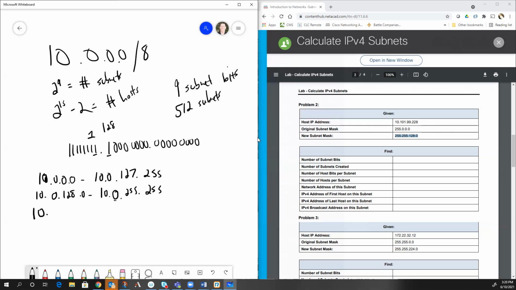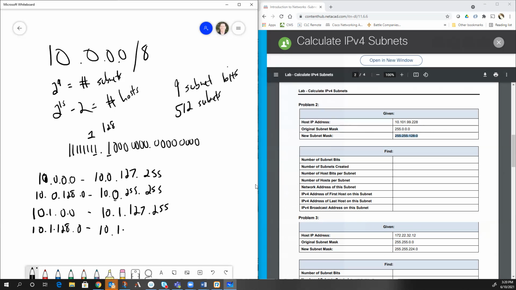So now it goes 10.1.0.0 to 10.1.127.255 and 10.1.128. Now the problem with this question is they're asking you to go to an absurd level to get that number.